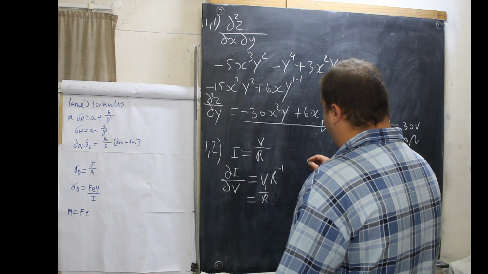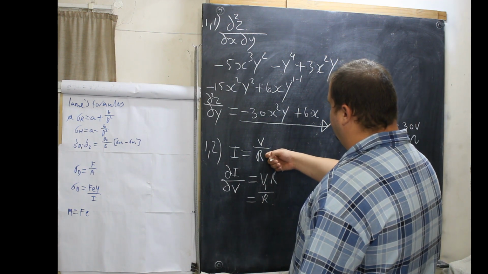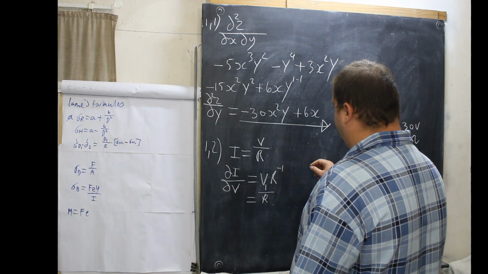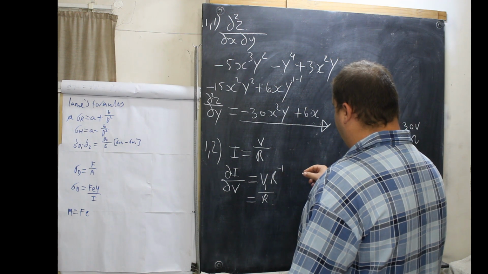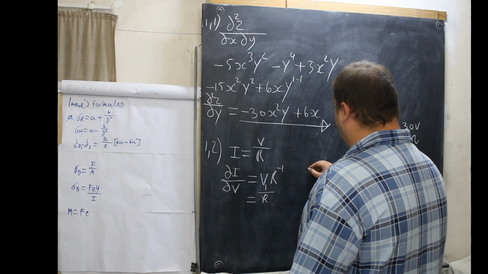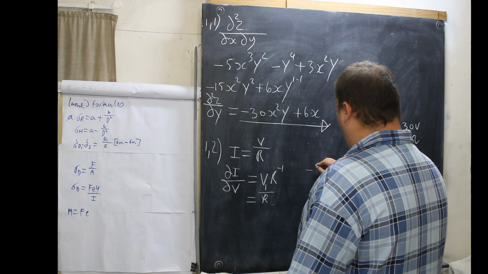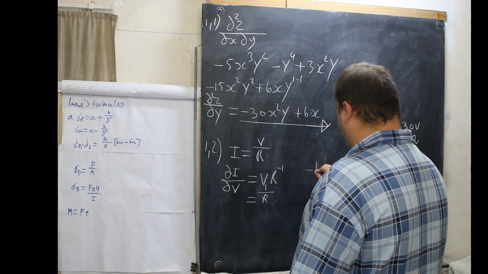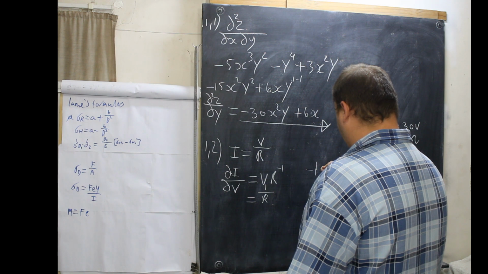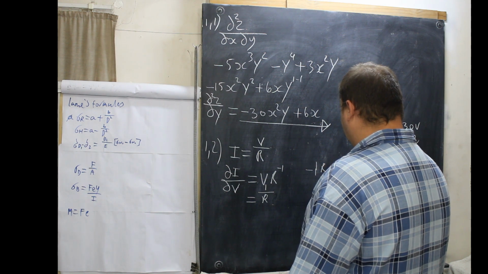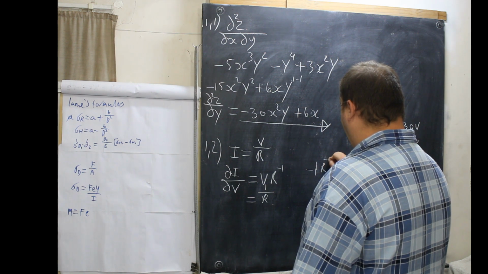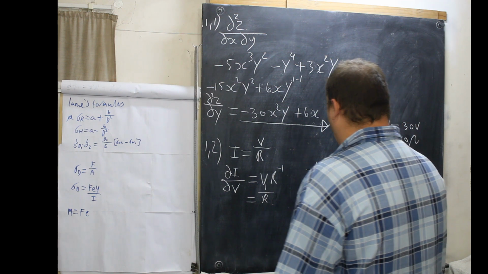Now the next part, we differentiate this with regard to R. So R is minus 1 times minus 1 minus 1.